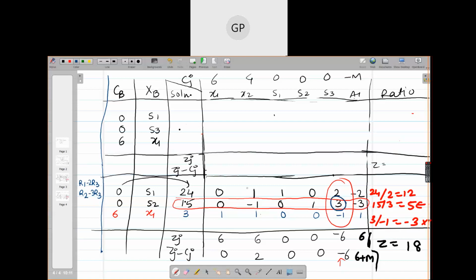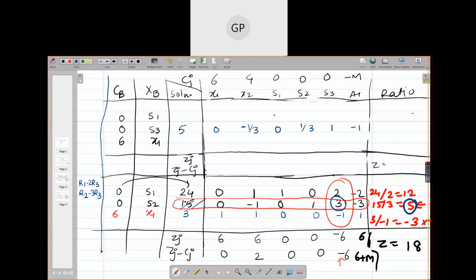So what do we have to do with this entire row? Divide by 3. So the new row becomes 5. The minimum ratio quantity appears here, always remember. Then 0, minus 1 by 3, 0, 1 by 3, 1, minus 1.